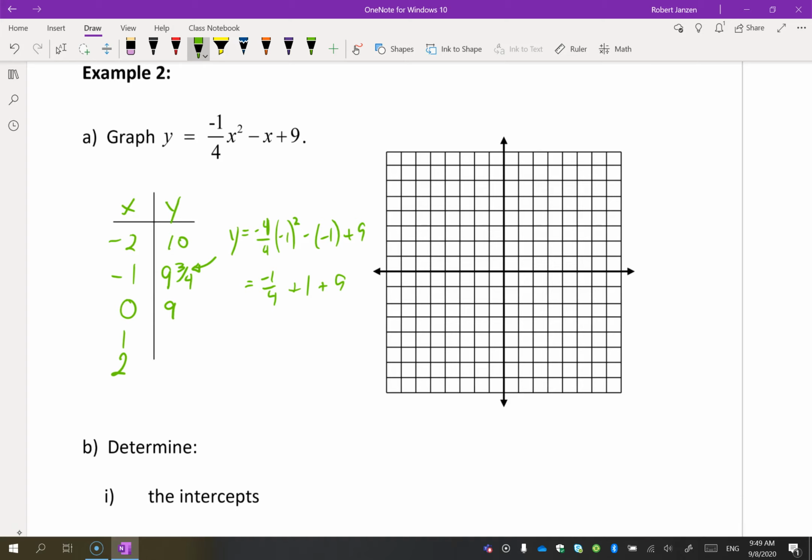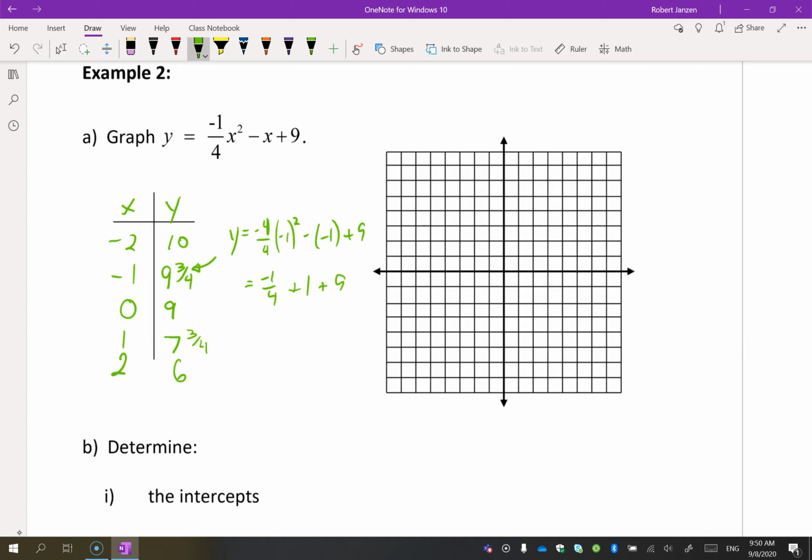-1/4 minus 1. So that's -1 1/4 plus 9, so that's going to give me 7 3/4. And if I put in a 2, I'll get 6.